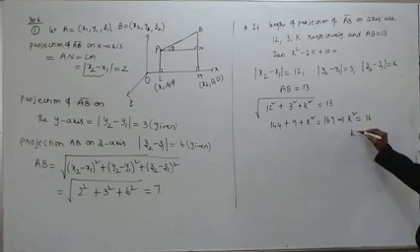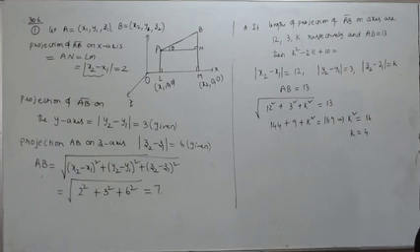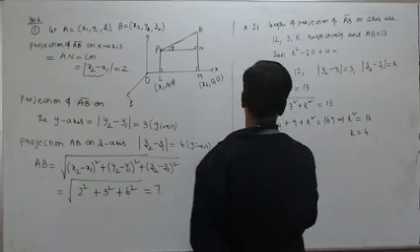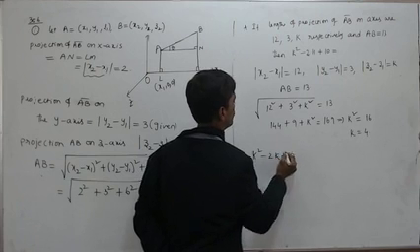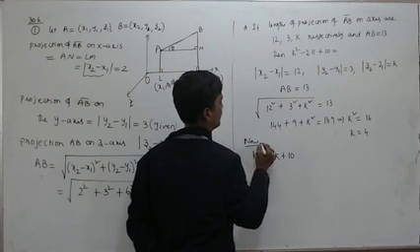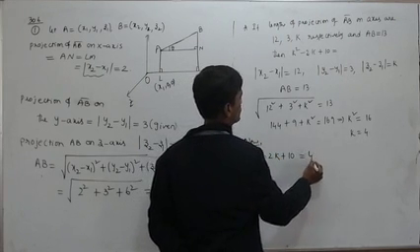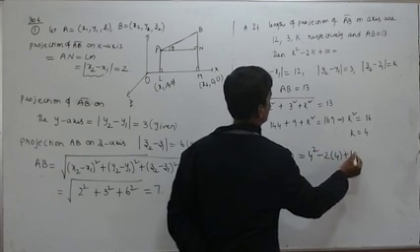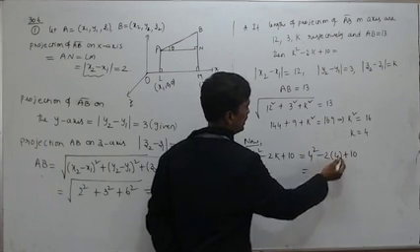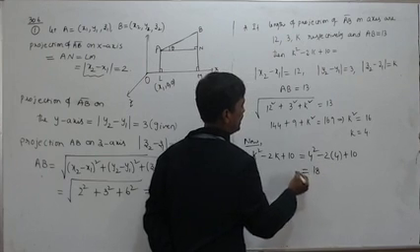So k is equal to how much? 4. Now what do we have to find? k square minus 2k plus 10 value. Okay, k square is how much? 4 square minus 2 into k, 4, plus 10. So 16 minus 8 plus 10. So answer is 18.